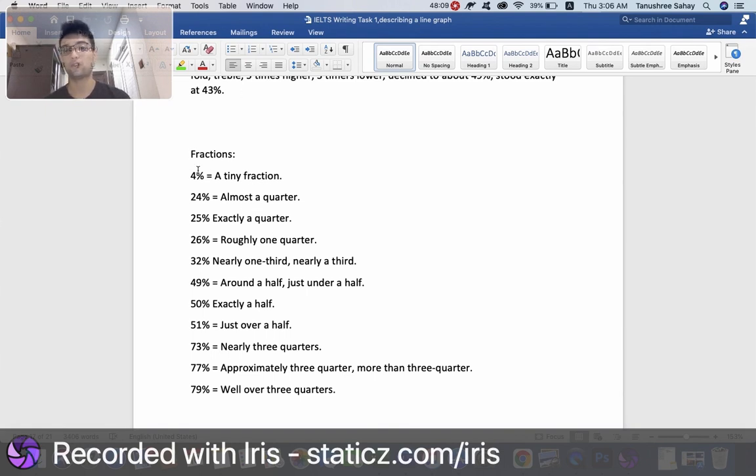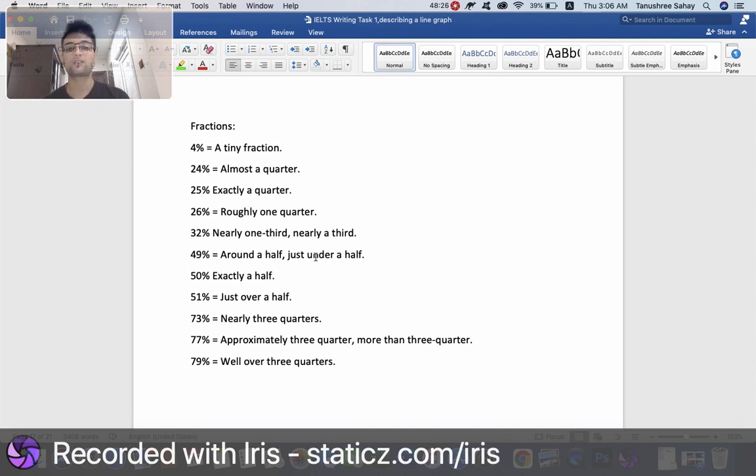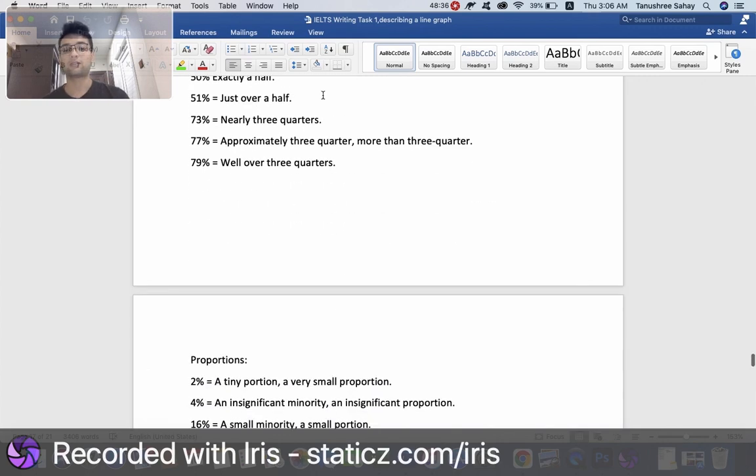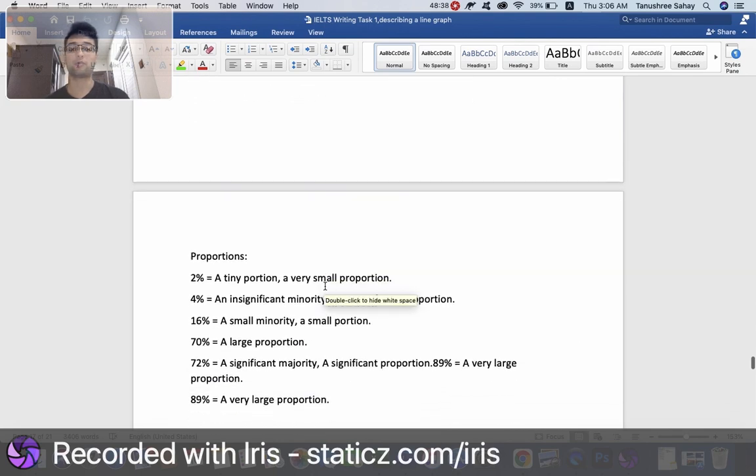If it's a 4% increase or decrease, you can say it's a tiny fraction. 23% or 24% is very near to a quarter, so you can say nearly a quarter or almost a quarter. 25% is exactly a quarter. 26% is roughly a quarter. Over 50, like 53 or 54, you can say just over a half, and the rest continue like that. So there are proportions.